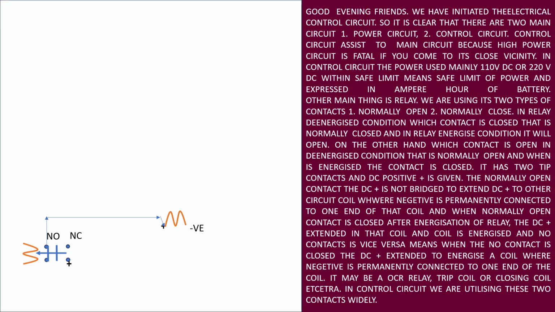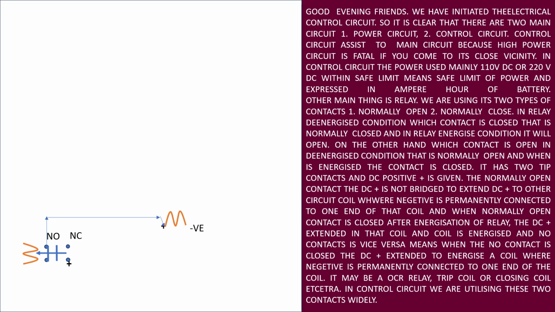So friends, we are using this normally open contact and normally closed contact to extend DC positive, or to break a circuit, or to make a circuit, both in our railway electrical control circuit of the traction substation or other places, and also in the locomotive control circuit.